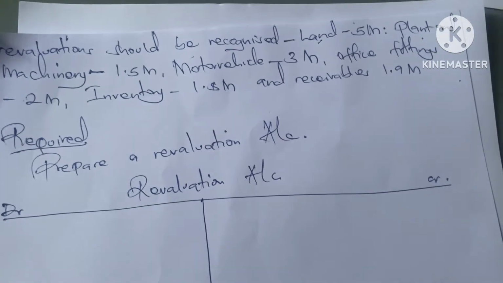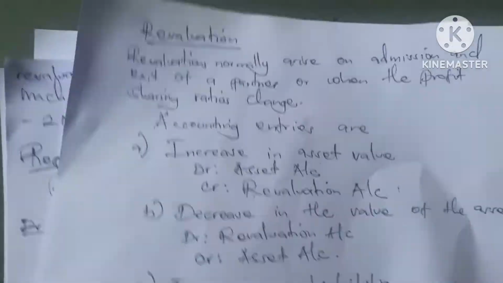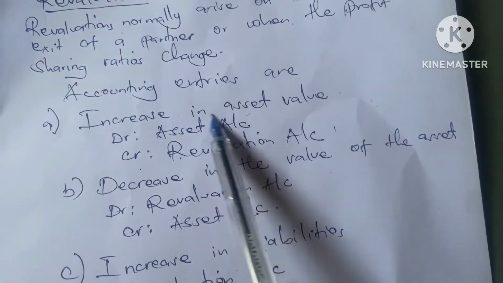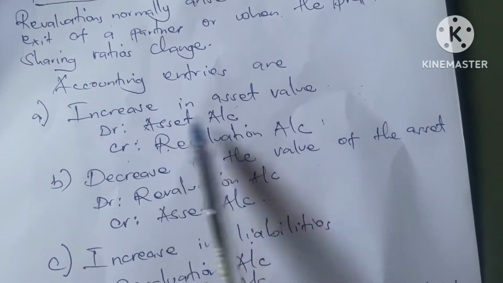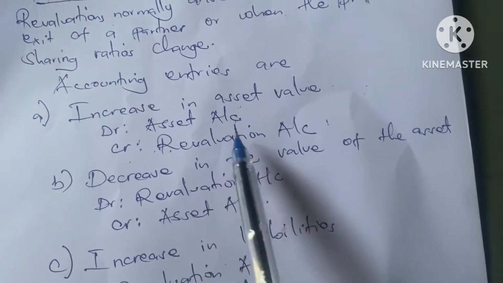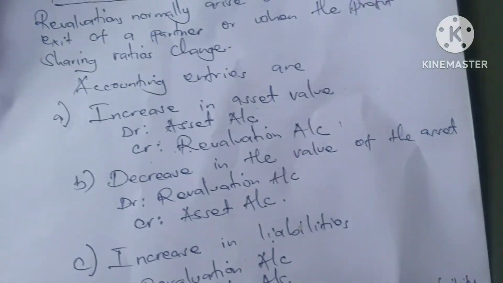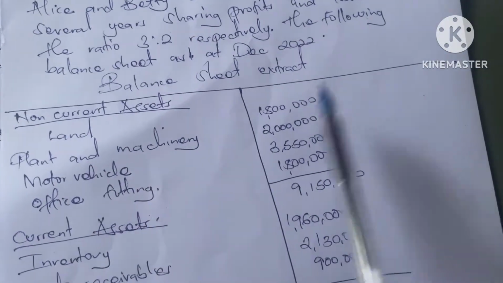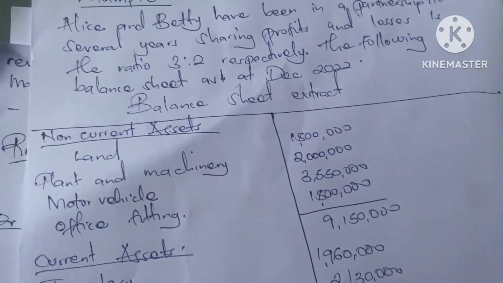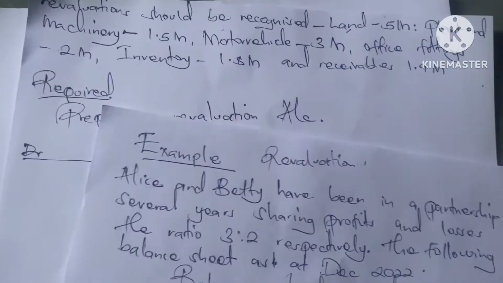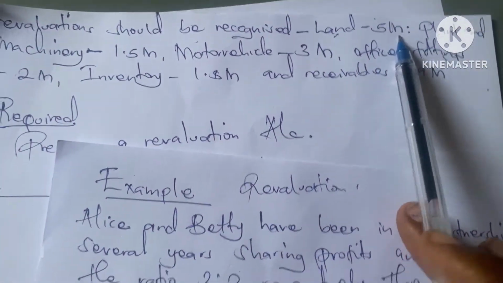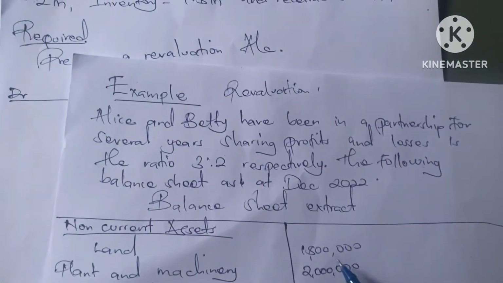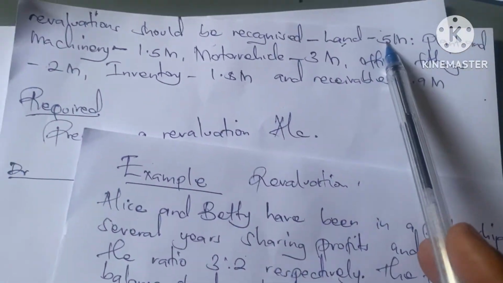And here in our accounting entries, we said in case there is an increase in the asset value, we debit the asset account, credit the revaluation account. So land is an asset. And according to the balance sheet, land had a value of 1.8. Then it was revalued to 5M, meaning it increased from 1.8 to 5M.